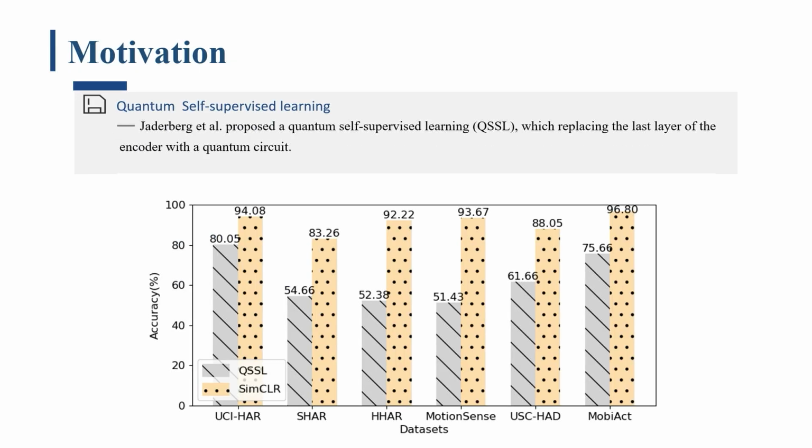Let's first see one result. We show an existing work that proposed quantum self-supervised learning, which just replaces the last layer of the encoder with a quantum circuit. Compared with the traditional SimCLR, we can see the proposed quantum self-supervised learning decreases the accuracy.